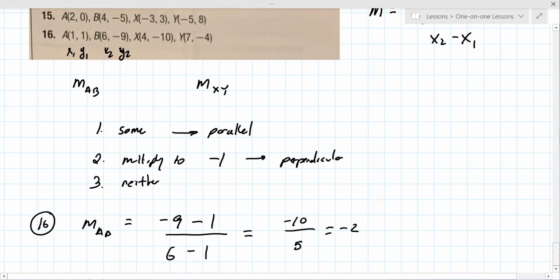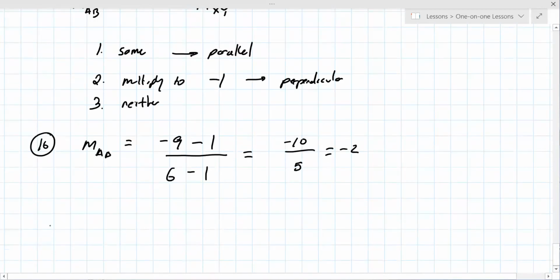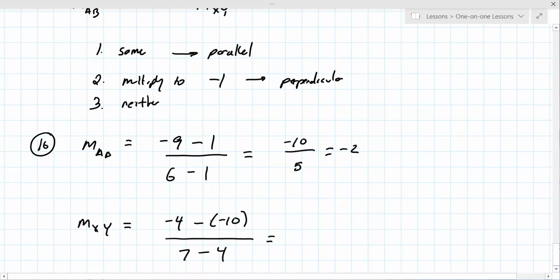The slope XY, I'm going to run out of room here. That's okay. The slope XY is minus 4 minus a minus 10 over 7 minus 4. So the top, these two become plus, so it becomes a 6 up top over 3, which is 2.